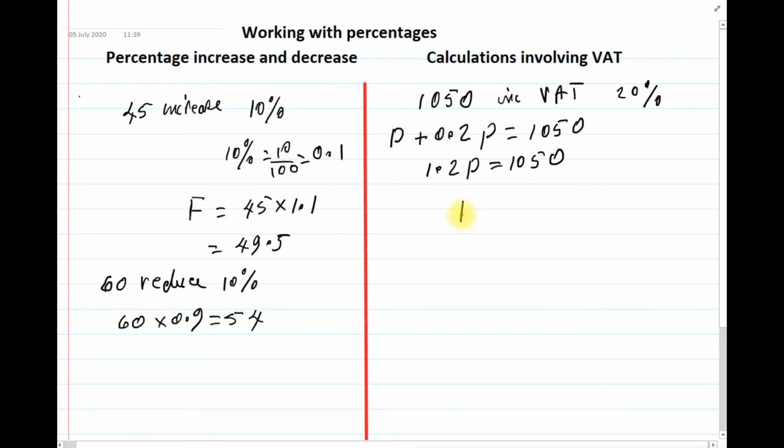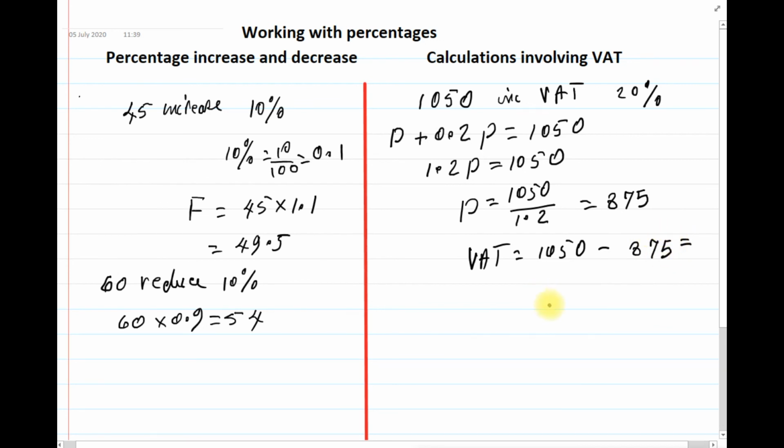I divide both sides by 1.2. This will be 1,050 divided by 1.2, which will give us 875. So 875 is the price excluding VAT. So the VAT on this item is 1,050 minus 875, which will be equal to 175 pounds.